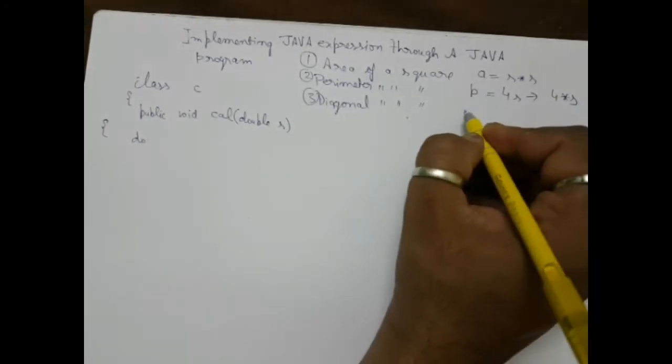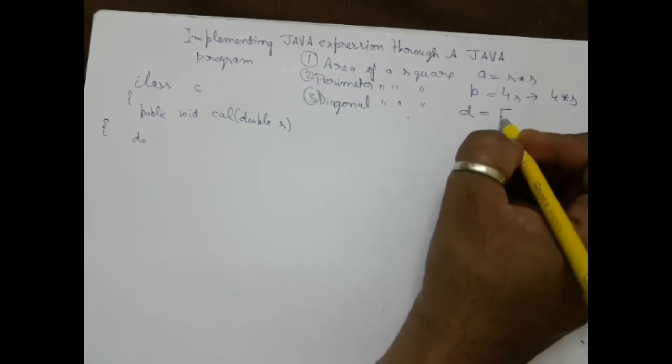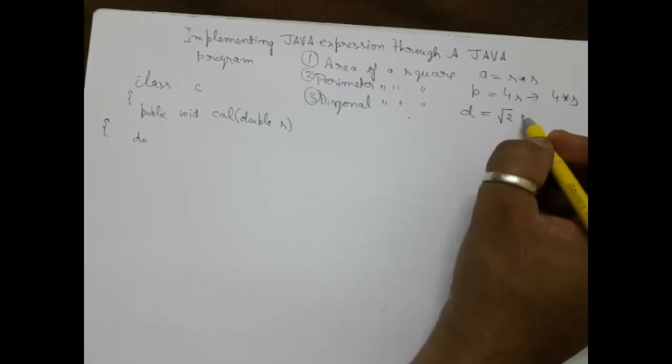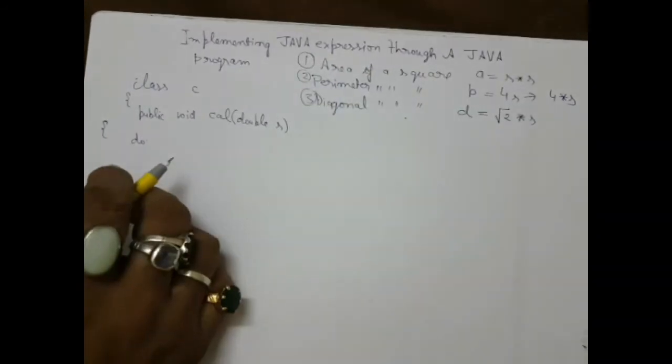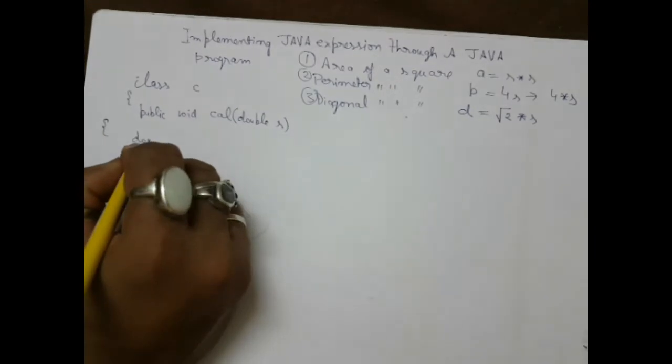Now diagonal. For diagonal we take a variable d here. So for that we have got square root 2 asterisk s. All right. Now all these three things I have to perform in this program. So first I will do what?